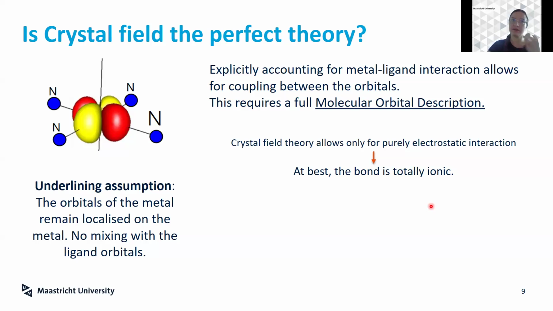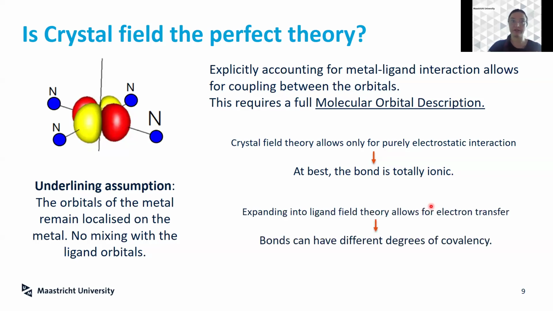At best, the bond is completely ionic. If you expand into a ligand field theory in which you consider the interaction between the metal and the ligand, you could have some electron transfer, you could have some electron sharing, which means the bonds can have a different level of covalency.